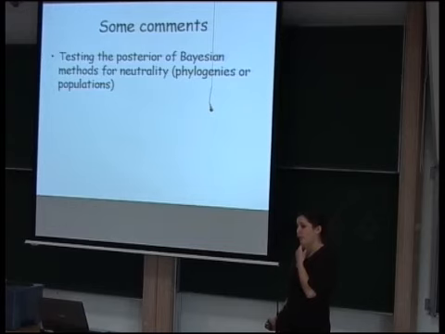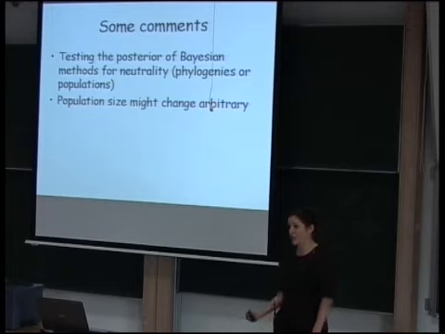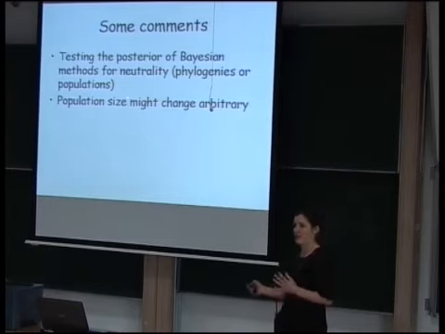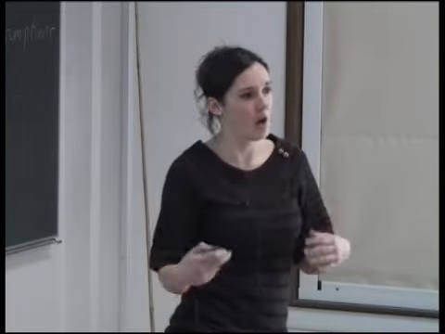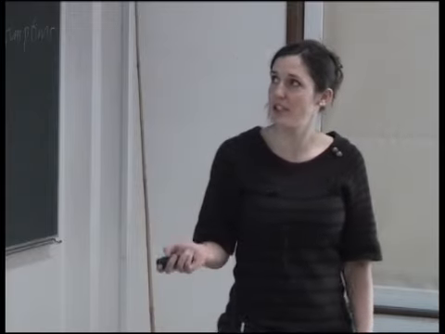And if you're within populations, one thing Eric wanted me to point out is that the population size is allowed to change arbitrarily. So our method doesn't care whether you have constant population size or exponentially increasing population size, because in those models each ranked function is equally likely no matter how the population size behaves.